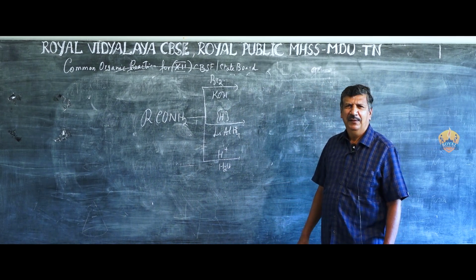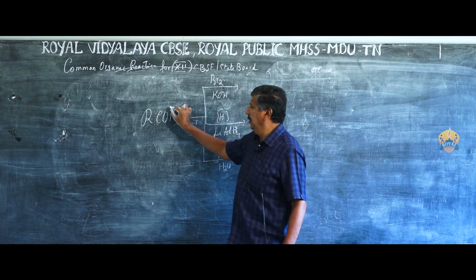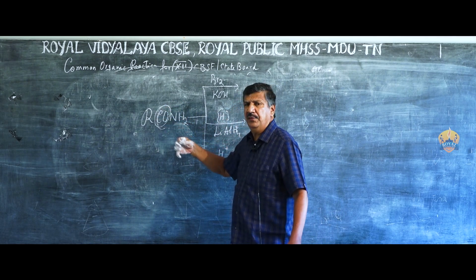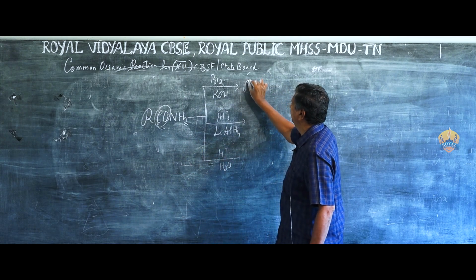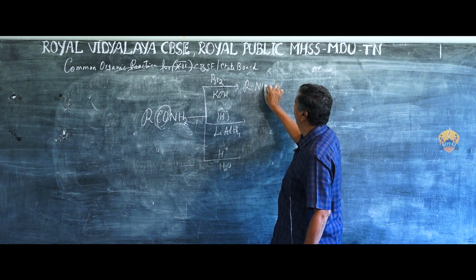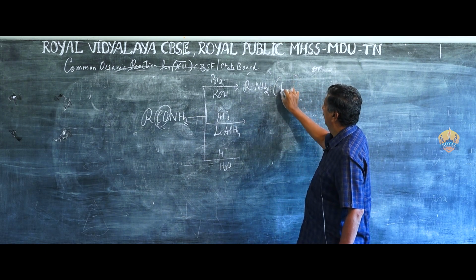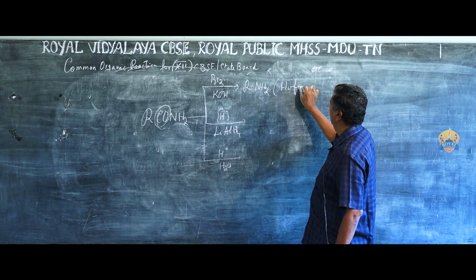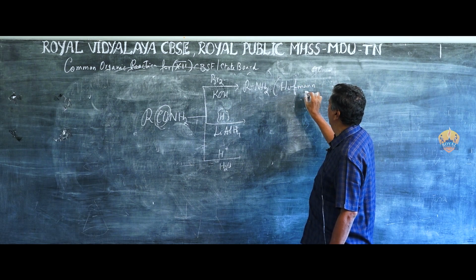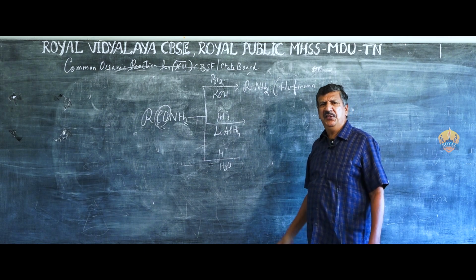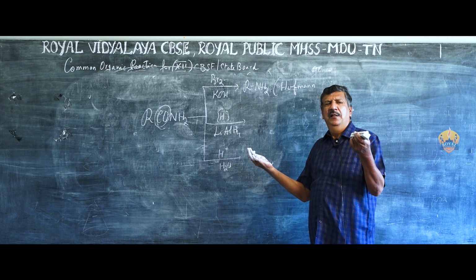When you use bromine in alkali, this group is thrown away from the compound. This is what you're going to learn in the nitrogen lesson, Hoffmann degradation. This is called Hoffmann degradation. Later on you're going to learn.